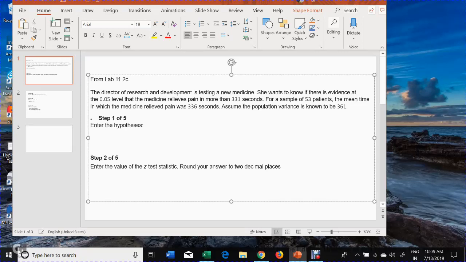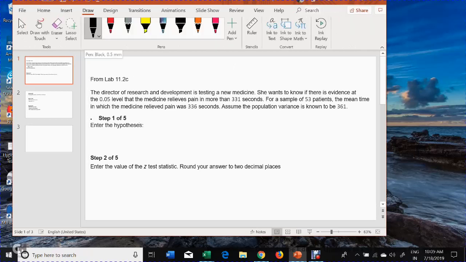Again, what it says is that this researcher wants to know if there is evidence, using a level of significance of 0.05, that the medicine in question relieves pain in more than 331 seconds. And so we have to express that as mu greater than 331.